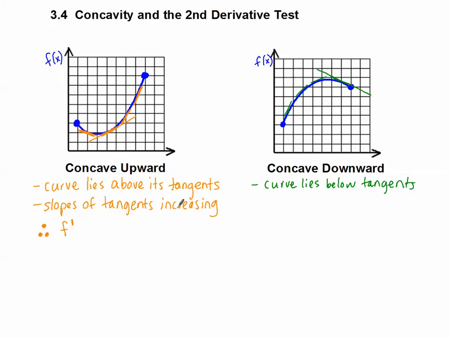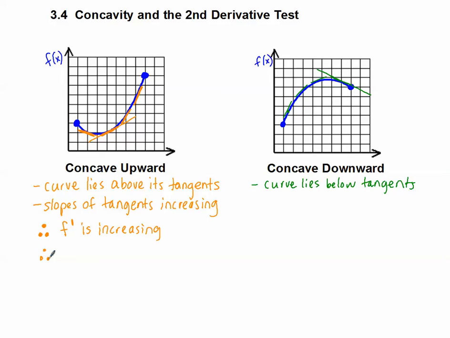So instead of saying the slopes of the tangents are increasing, f prime is increasing, because f prime means the slopes of the tangents. So now let's think back to when we say something is increasing, what that means about that something.